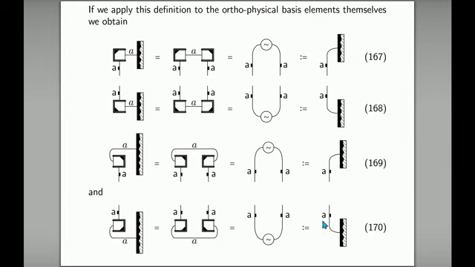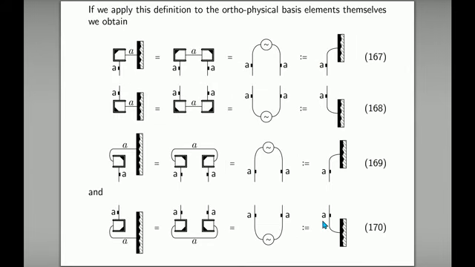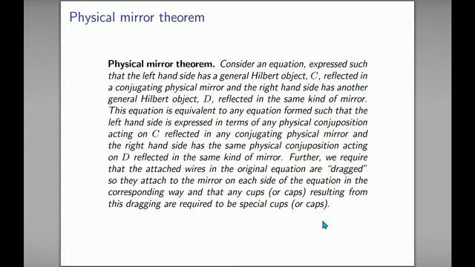Okay, and you can do the same thing for horizontal mirrors and vertical mirrors. I haven't set that up. And you also get a mirror theorem here. And this mirror theorem doesn't work quite as well. I'm not going to explain this. There are these things called special caps and special cups, which you have to define differently.